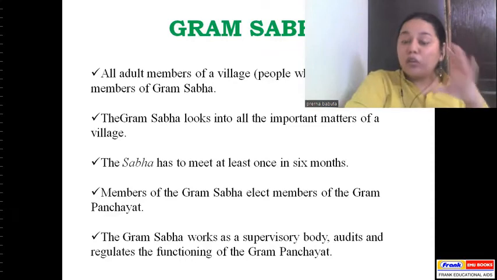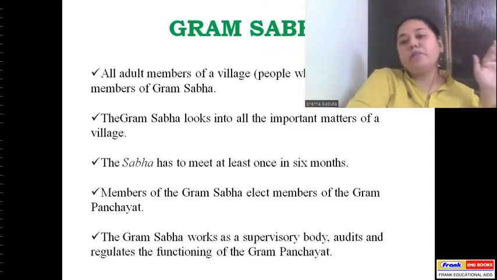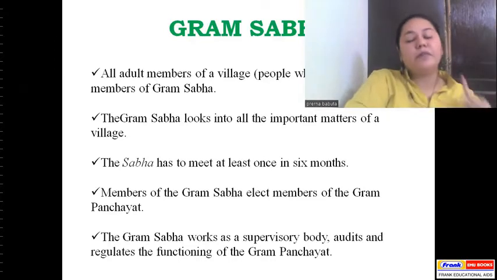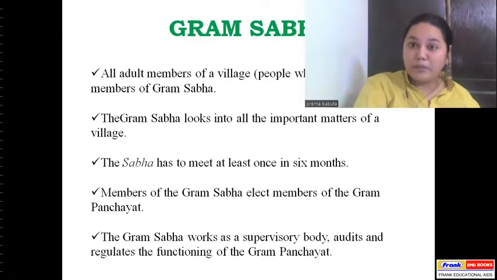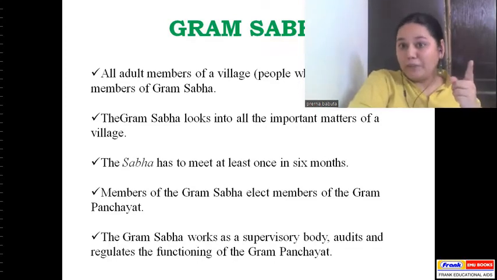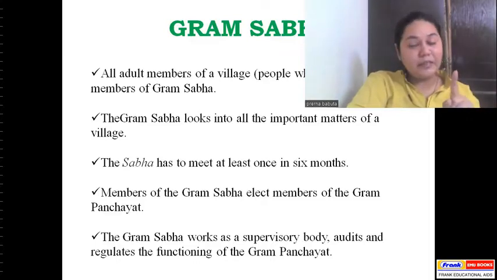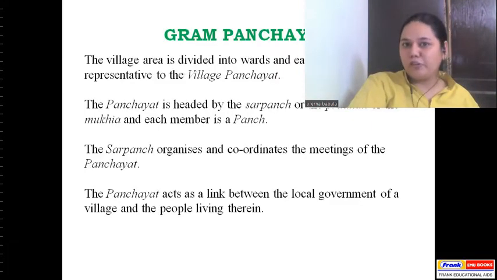And members of Gram Sabha can probably remove the members of Gram Panchayat if they see that the people of Gram Panchayat are not working properly. Like in elections at the center level, all the citizens who are above 18 can vote and select the prime minister. Similarly, in villages, all those who are 18 years and above elect the members of Gram Panchayat.